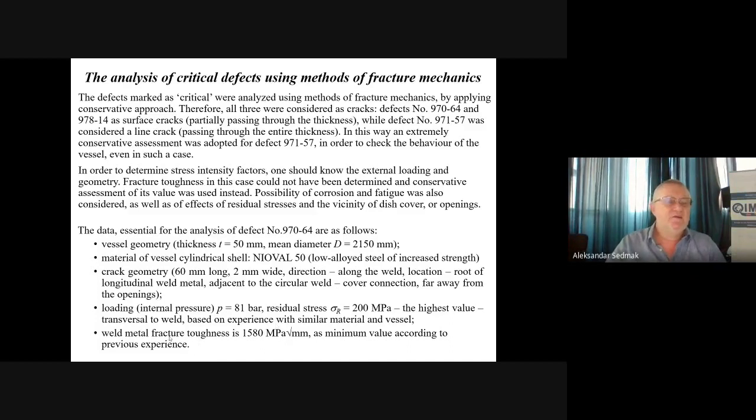And finally, for the fracture toughness, we used the least value that was established during the research I just mentioned. So it was about 50 megapascal square root meter, or as you can see in these units, 1580.